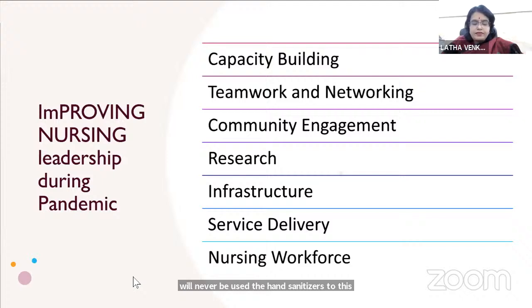And similarly, we can explain the facilities for PPE and biomedical waste management of the soiled items which come out of patient care of COVID patients. Like that, we can talk in detail about the infrastructural modifications and requirements which were required during the pandemic, both in the academic settings and the clinical settings.